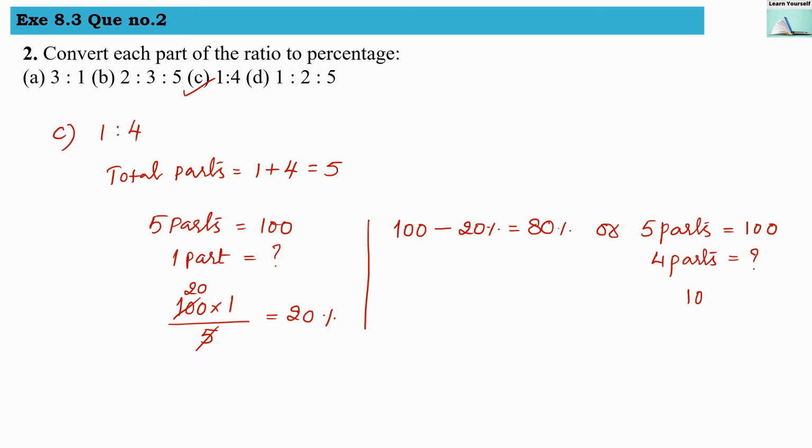So 100 into 4 divided by 5. So 5 20s are 100. We will get here 80%. So our answer here will be 1 part equals 20% and 4 parts equals 80%.